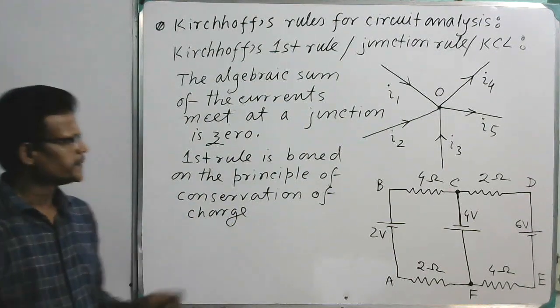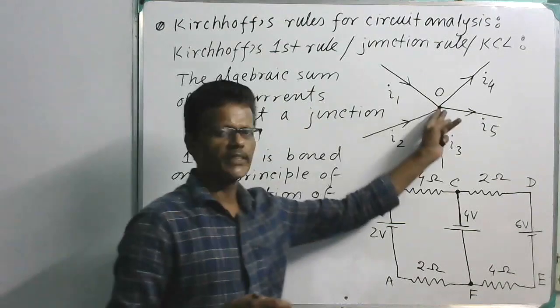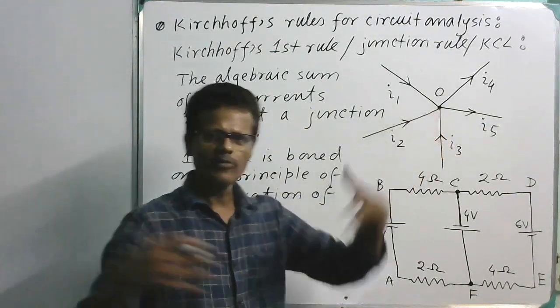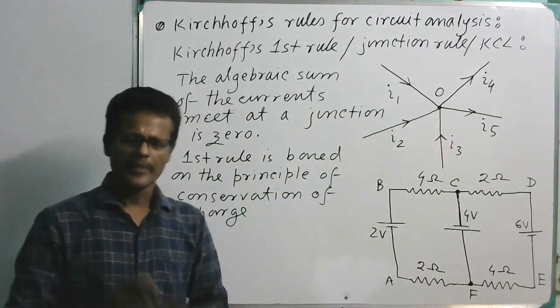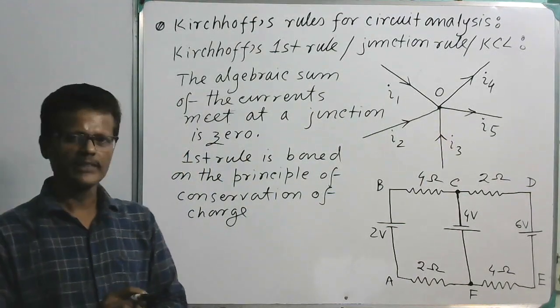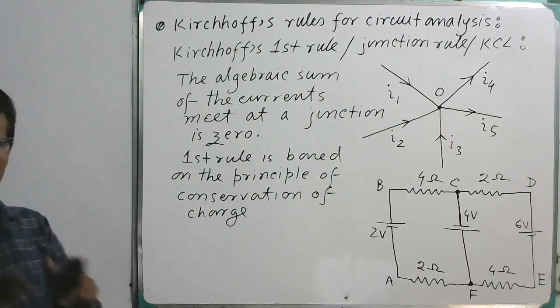Conservation of charge. That means charge never accumulates at a node or junction of an electrical circuit. The amount of charge entering the junction in a particular time interval must be equal to the amount of charge leaving that node or junction.